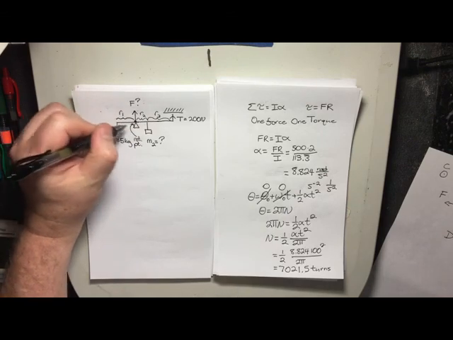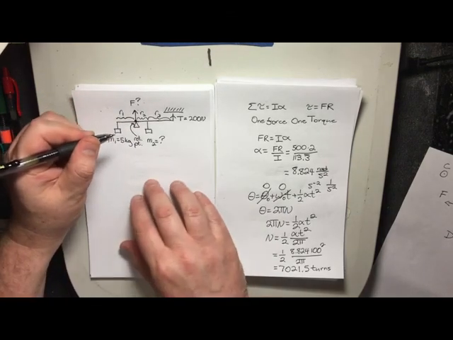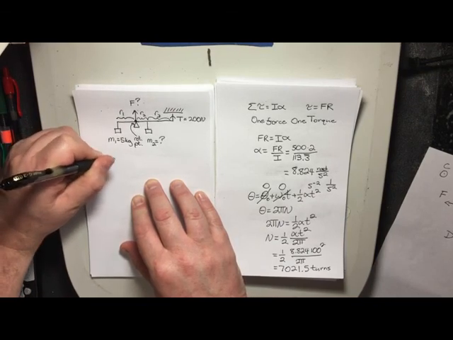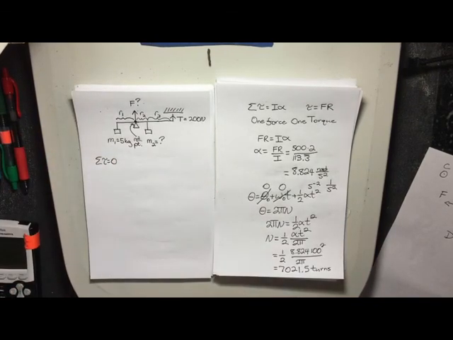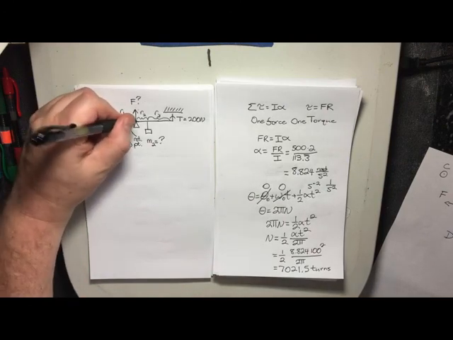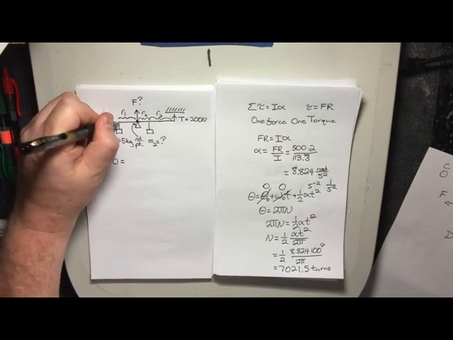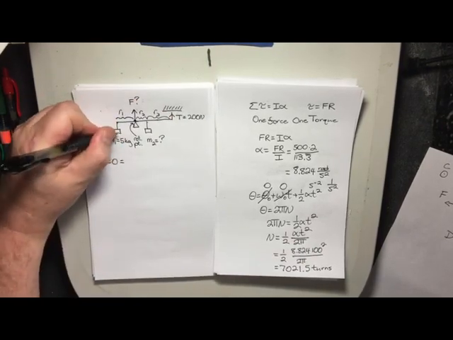I know through observation this bar is just sitting there, so it's not moving up or down, and more importantly, it's not rotating about that point. So I have 1, 2, 3 forces.